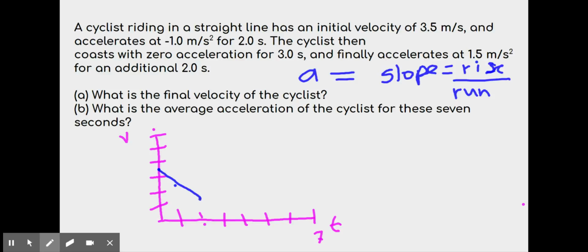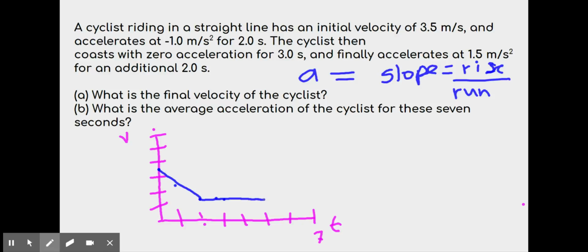Then it says the cyclist is going to coast with no acceleration. If there's 0 acceleration, that means the slope is 0. So for 3 seconds, we just draw a straight line: 1, 2, 3. Now what is happening for those last 2 seconds? The cyclist is again accelerating, but this time in the positive direction, so we have a positive slope at 1.5 meters per second squared.